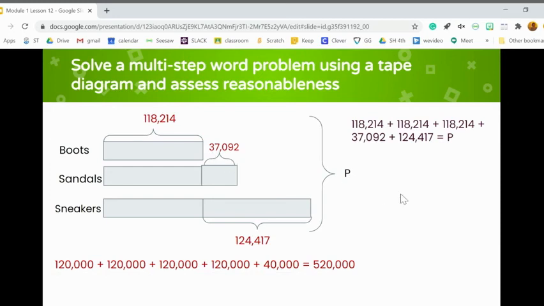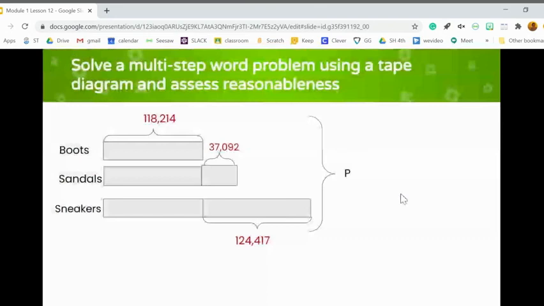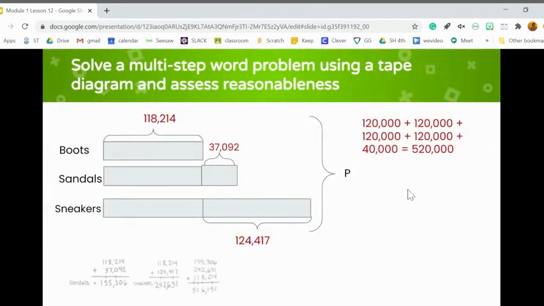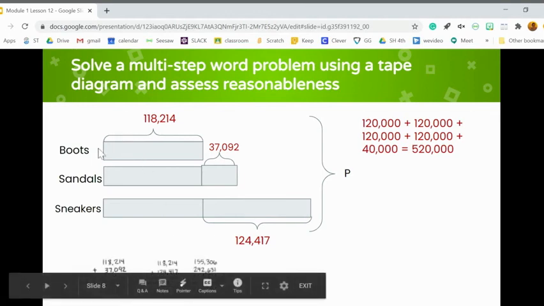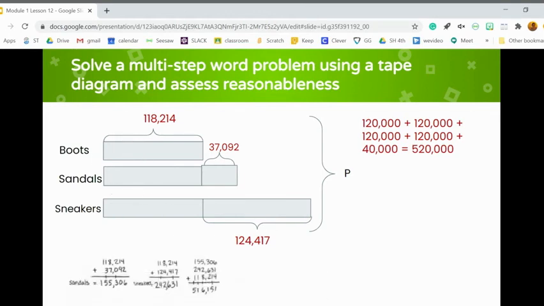Now, another way that I could do that is to find out, again, there's my rounding, and I could find out how much were the sandals, and then how much were the sneakers, and then add that to the number of boots. Either way I do it, it's going to come up with the same answer because I'm adding up all of those different amounts.